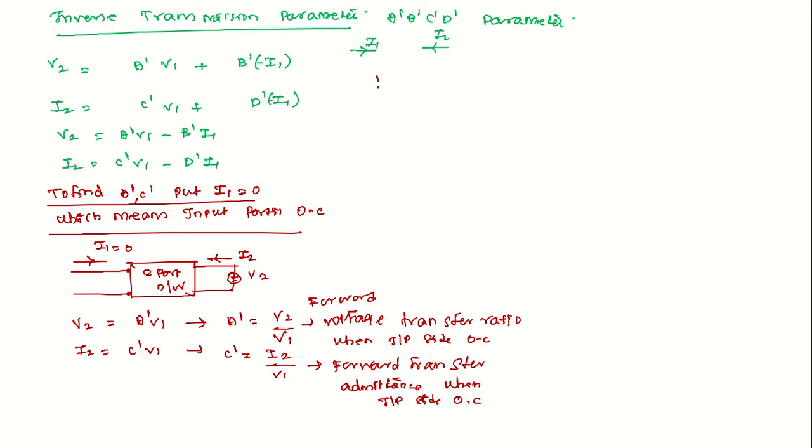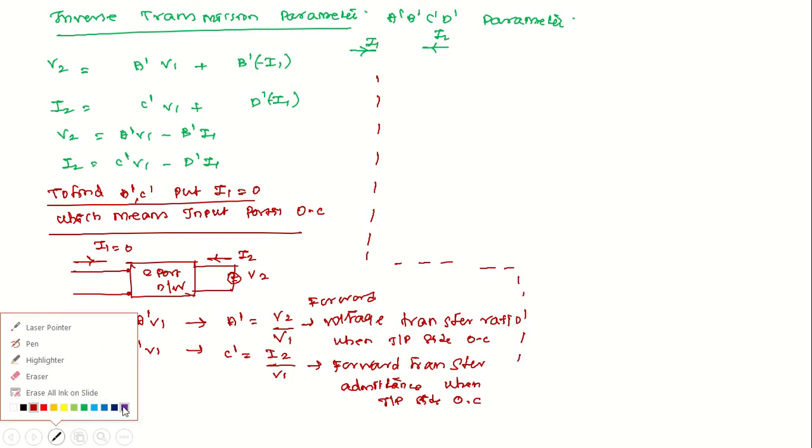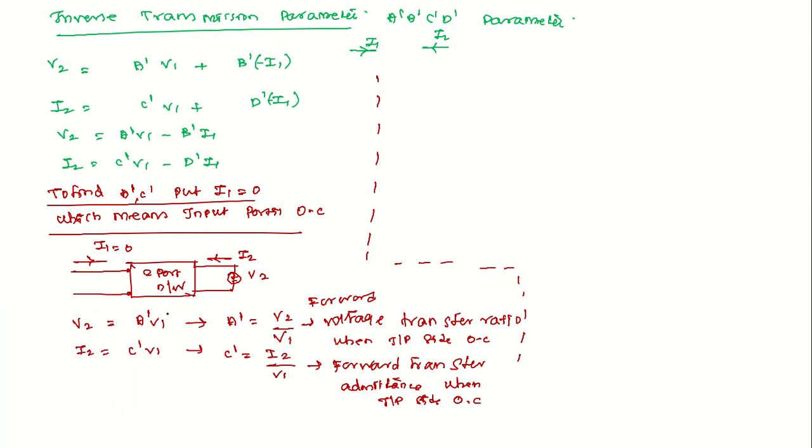And the next thing we are about to do is to find B dash as well as D dash. To find B dash and D dash, put v1 equal to 0.